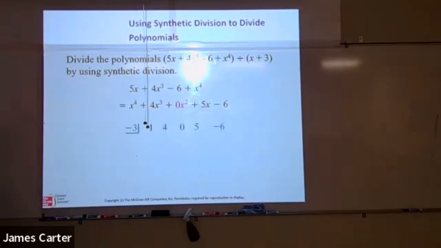Now that we've done that in order, we can take the coefficients: 1, 4, 0, 5, and -6. Notice instead of +3, which is the factor, x plus 3, we use the root or the solution -3.